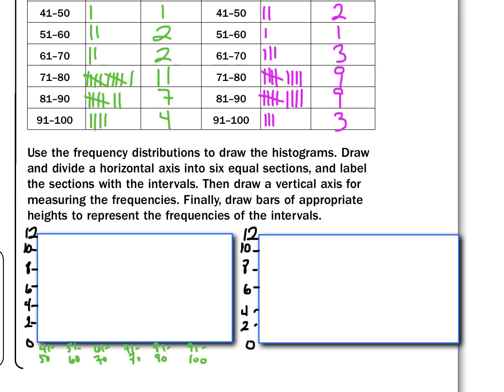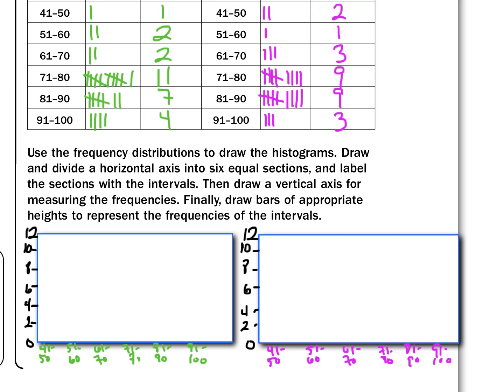And then the same set over here, 41 to 50, 51 to 60, 61 to 70, 71 to 80, 81 to 90, and 91 to 100. Okay, hard to write that small with the stylus.